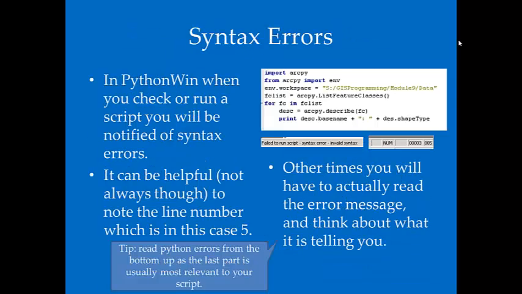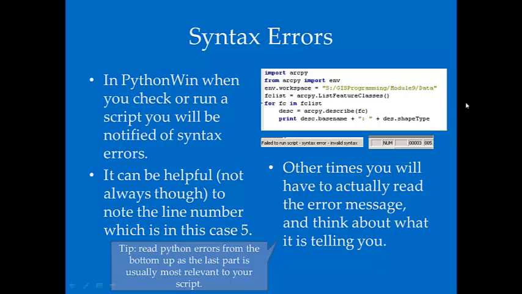So syntax errors, as I mentioned, will occur when you're running a script. And in PythonWin, that will manifest in an error down at the bottom left-hand corner, and it'll give you a number, in this case 5, where it's telling you that in line number 5 there's an error. Also, the interpreter window will show the Python error that returns back from Python.